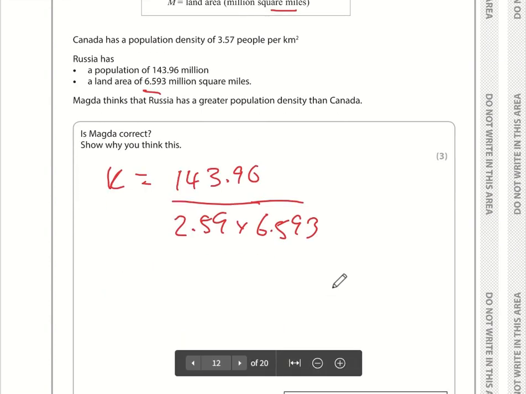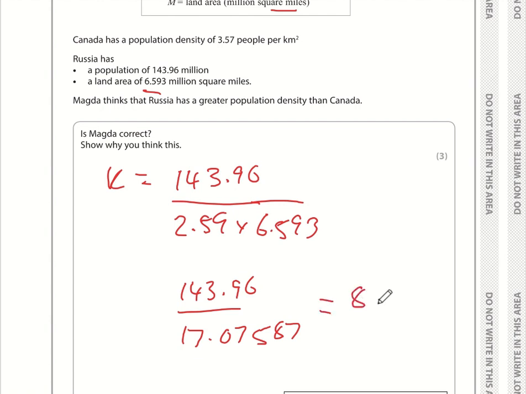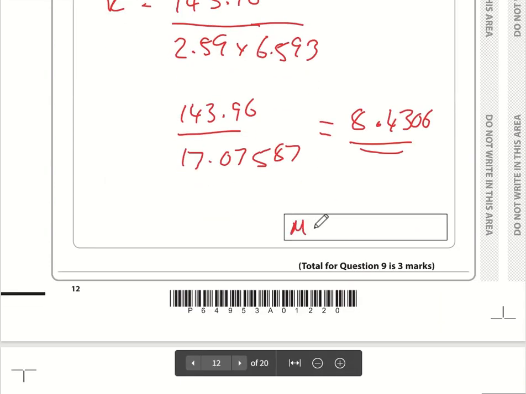So we need to work out 2.59 times 6.593 to begin with, and so that's going to be 143.96 divided by 17.07587, and 143.96 divided by that number is 8.4306. So this is the population density of Russia, and that is greater than 3.57, so yes, Magda is correct.